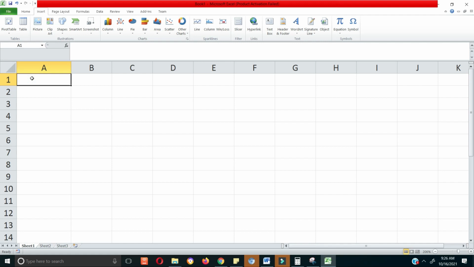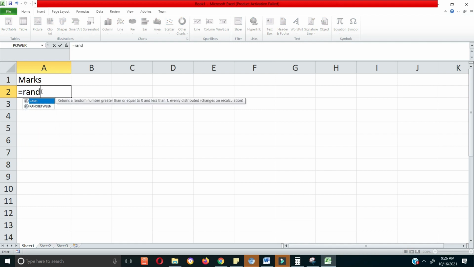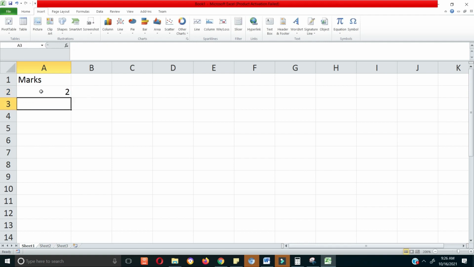For instance, we have marks for a certain test, and these marks run between 0 and 49. Yes, 0 and 49.